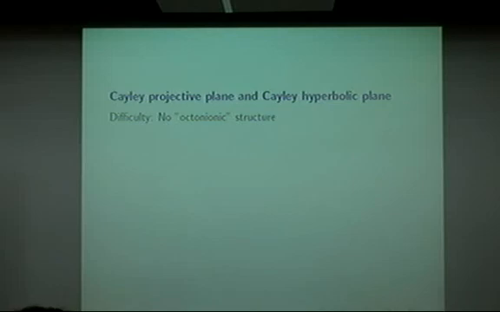But unfortunately, the topology of these spaces doesn't allow us to do this. It's impossible. So there is no reasonable octonionic structure on these projective and hyperbolic planes. And that makes it difficult to do explicit calculations.